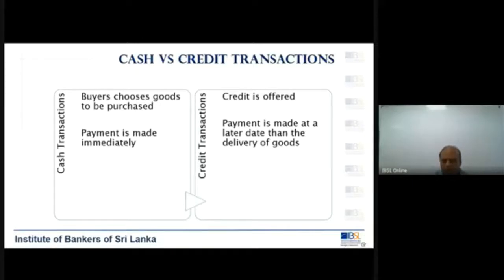So what will happen here? The goods will be delivered in advance, but you will make the payment later. So these are the two broad classifications of transactions, which are known as cash versus credit.